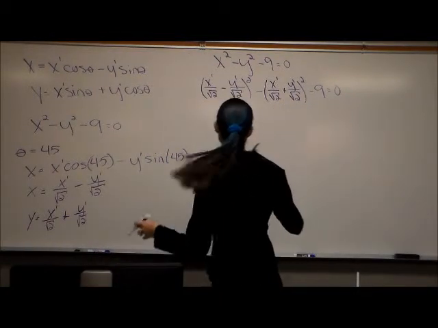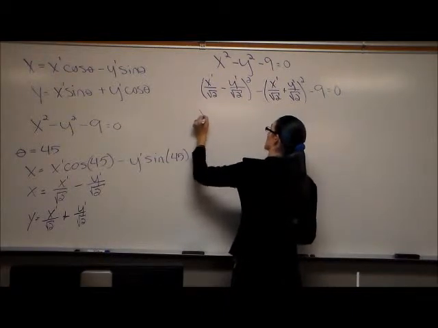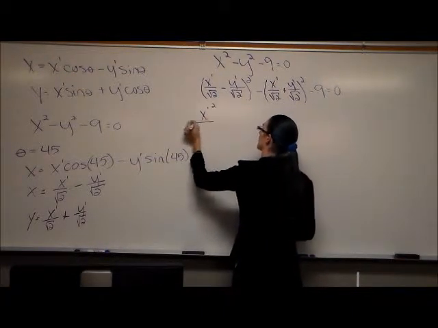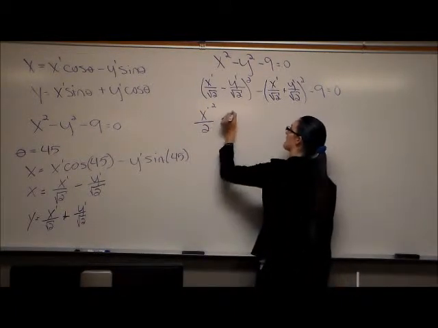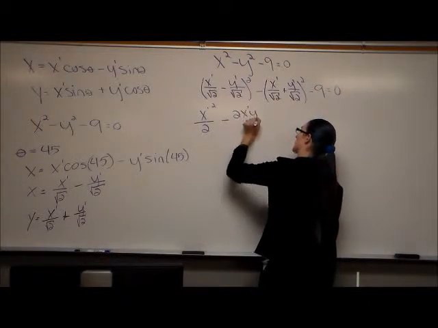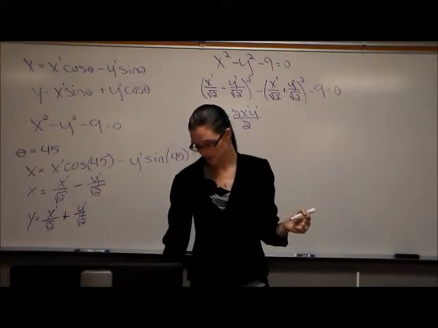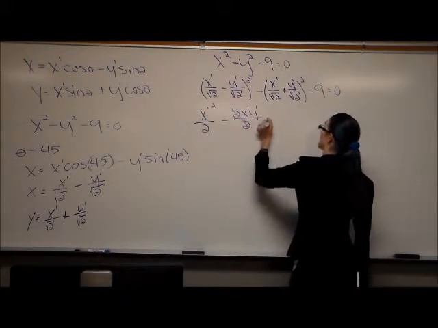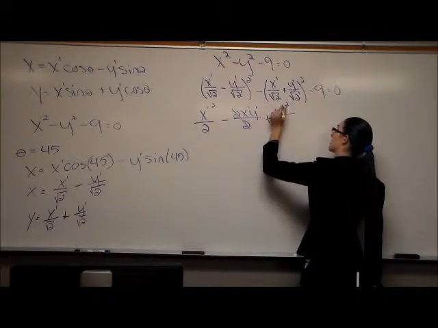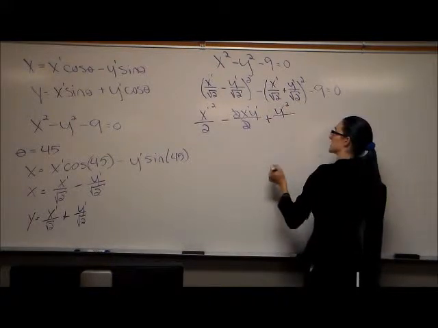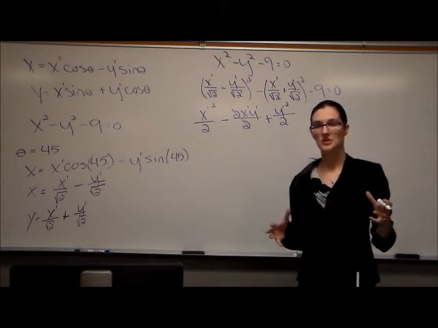Go through, square everything. So you're going to expand and FOIL this. It's going to square the first term. That's going to be x prime squared over 2 minus 2x prime y prime over 2. So those will cancel, leaving you just x prime y prime. Plus, and you squared the last one, y prime squared over 2. Make sure you tell the difference in your primes and your ones. Okay, that's just the first set of parentheses squared.